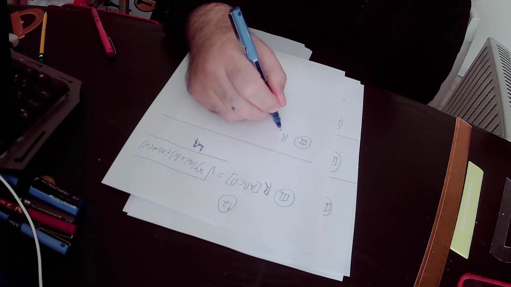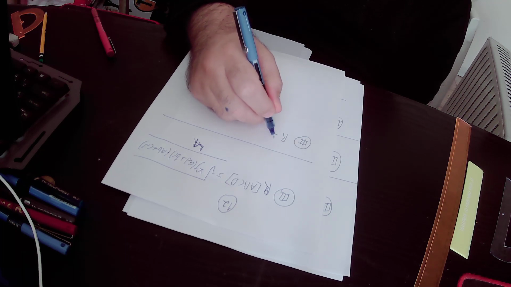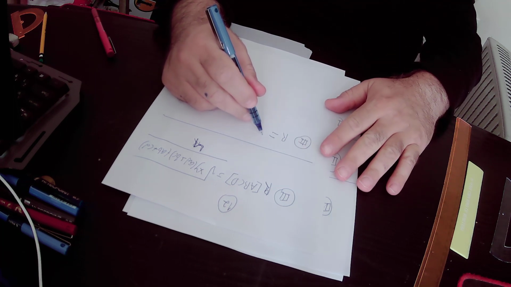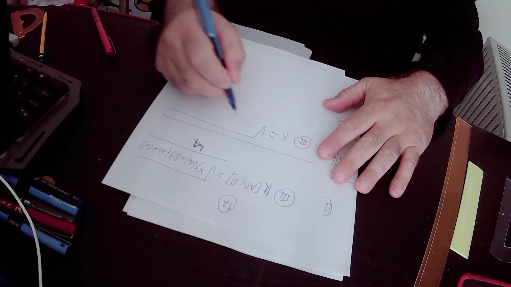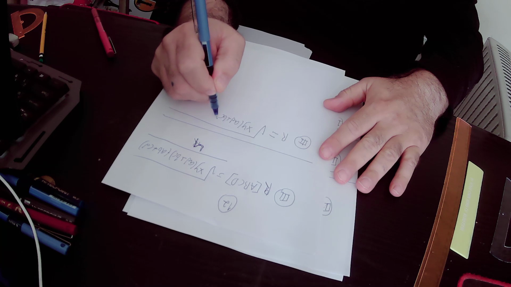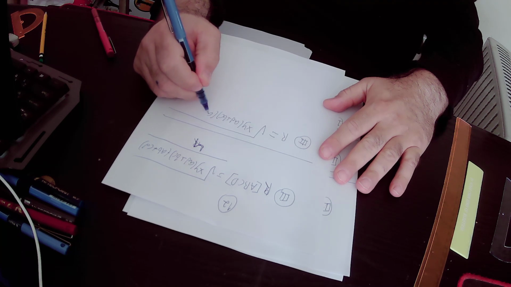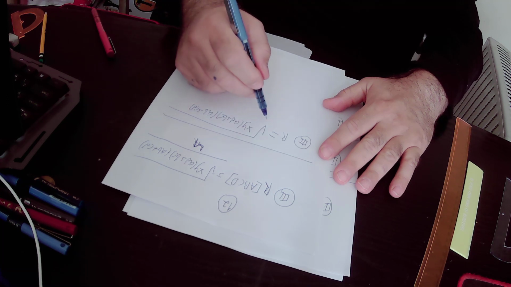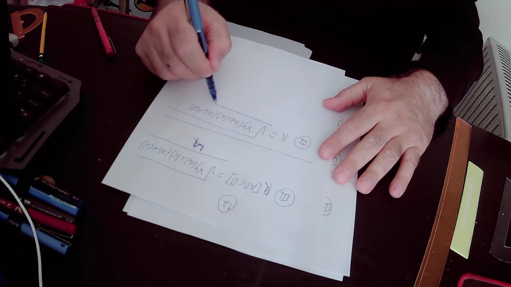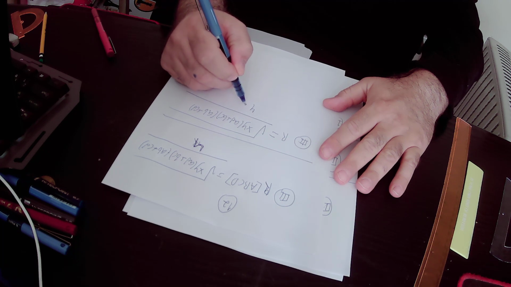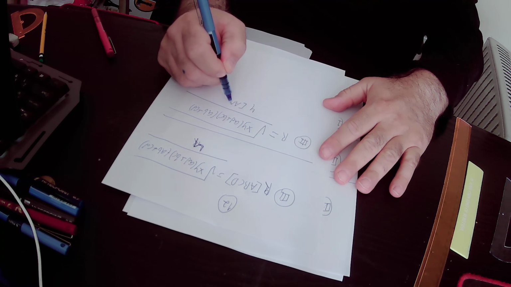So the radius of the circle will be equal to the root of x times y, AD plus BC, AB plus CD, over 4 times the area of quadrilateral ABCD.